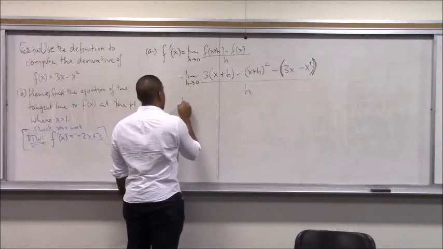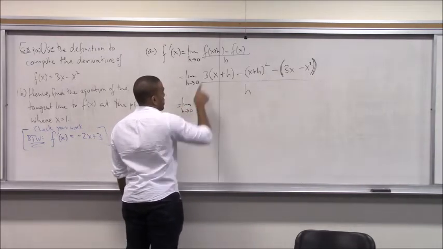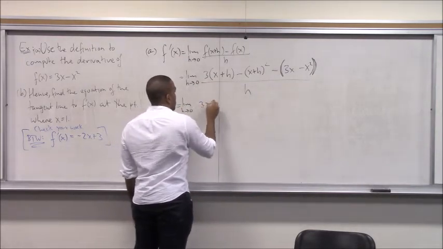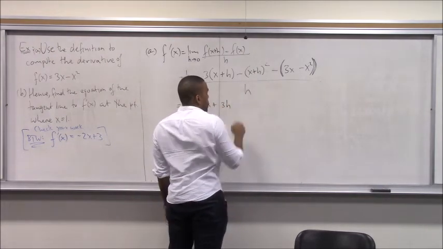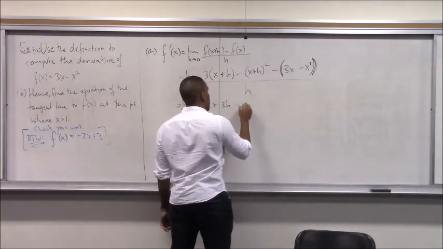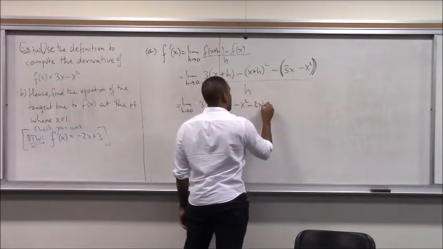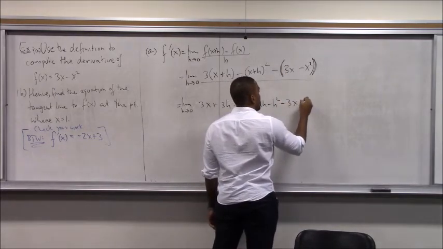So what we're going to do now is expand the parentheses. Multiply out 3: 3x plus 3h. (x plus h) squared is x squared plus 2xh plus h squared, but we're taking negatives of everybody. And then distribute this, we get minus 3x plus x squared.